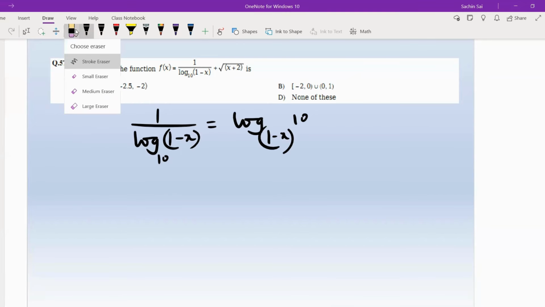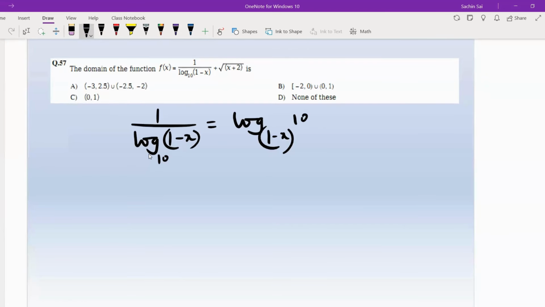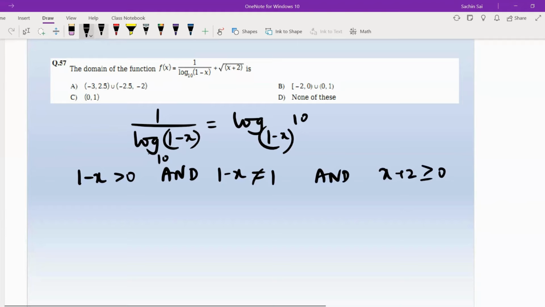Right, now let's say, what is the condition for log 10 to the base 1 minus x to be defined? This will only happen if 1 minus x is strictly greater than 0 and 1 minus x is not equal to 1. Right? So for the logarithm to be defined, the base should be positive and the base should not be equal to 1. Now, along with these two conditions, I also have x plus 2 greater than or equal to 0. What is the reason for this?